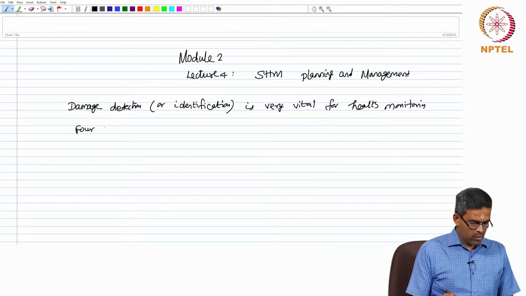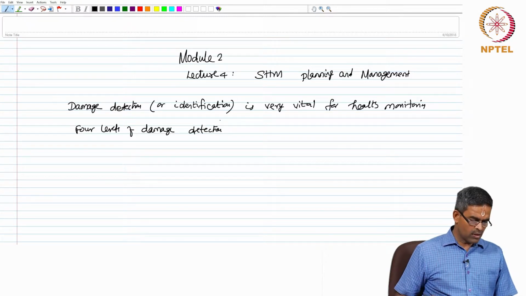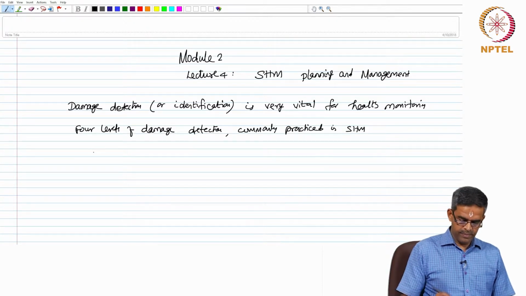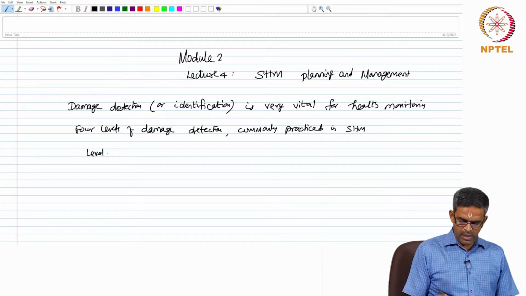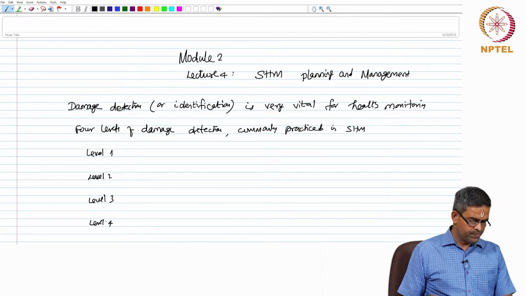There are 4 levels of damage detection, which are commonly practiced in health monitoring. Designated as level 1, level 2, level 3 and level 4.